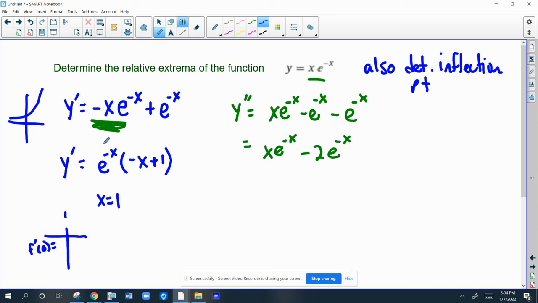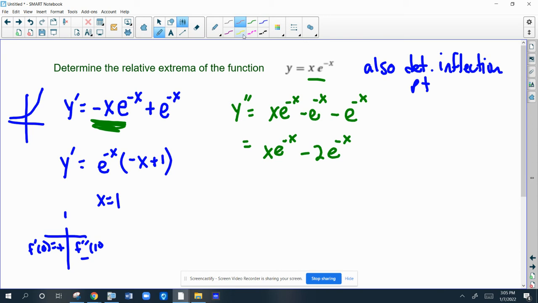Your exponentials will always be positive. And -0 plus 1 is positive, so this is positive. If you plug in, say, 10, you get a positive, because it's an exponential, times a negative, which is negative. So it goes from increasing to decreasing, therefore it's a maximum.